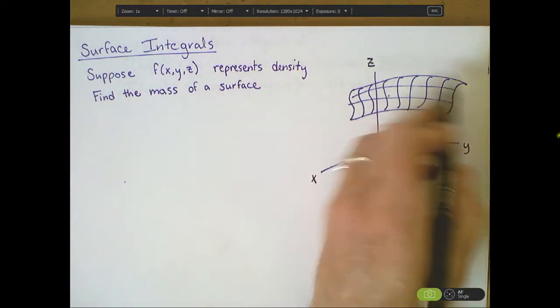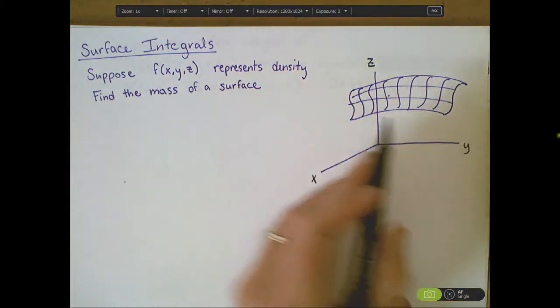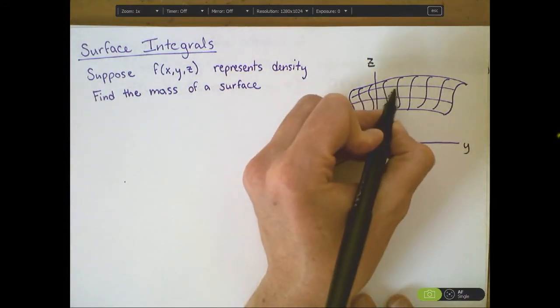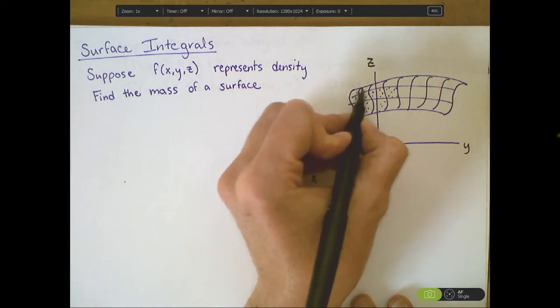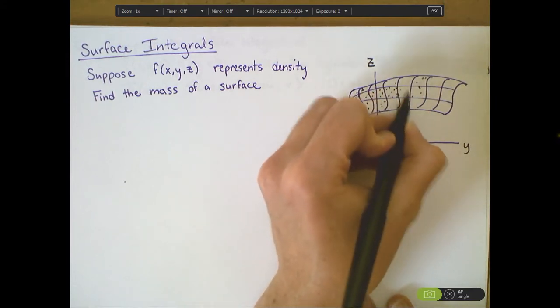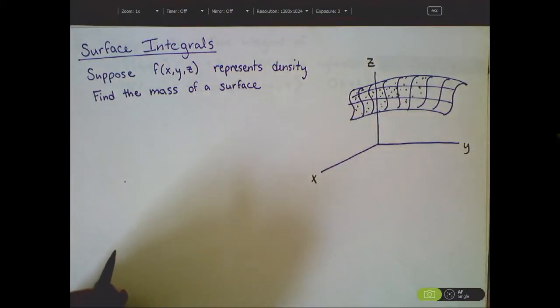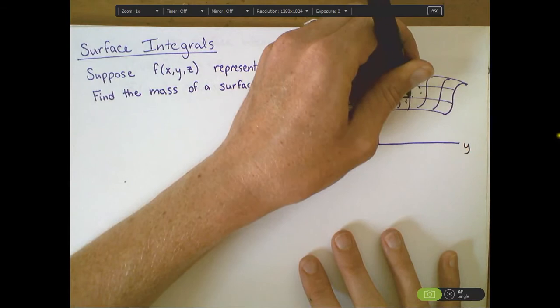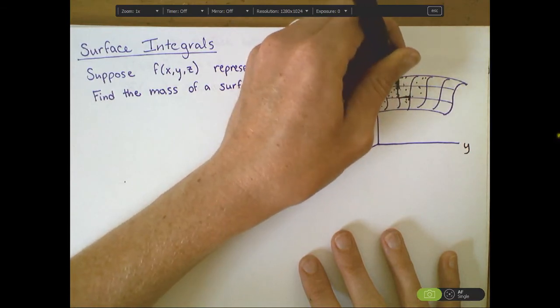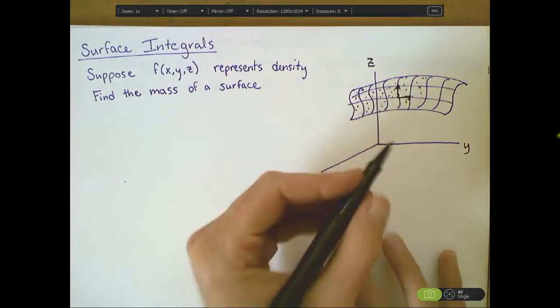And I want to find the total mass of the surface. So I need to add up all of the little densities at every single point along this surface. The way we're going to think about doing it is to approximate the surface by these parallelograms again.